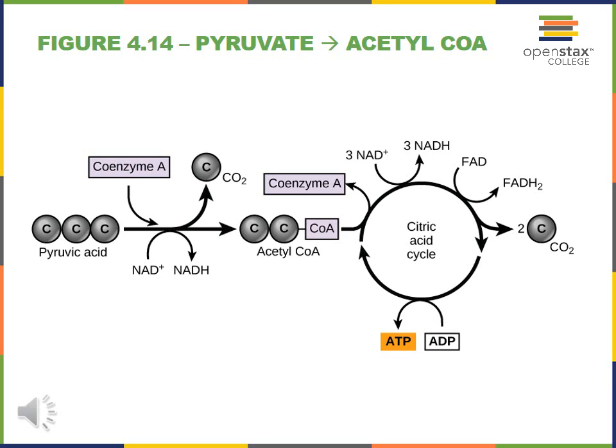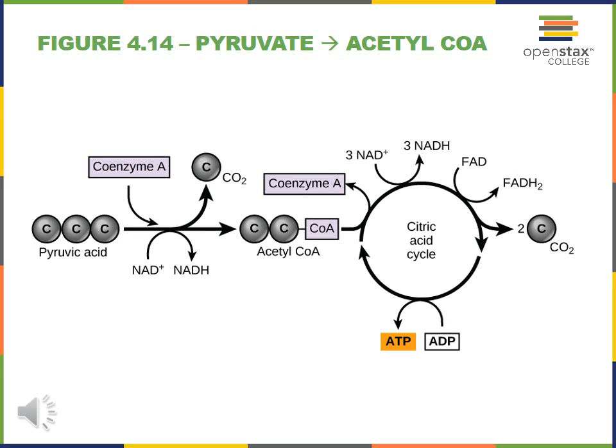It says here that the 8 steps of the cycle are a series of chemical reactions that produce 2 carbon dioxide molecules, which are shown there on the far right, and one ATP molecule, which is shown down below on the bottom part of that circle.